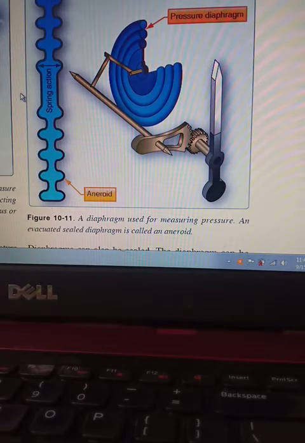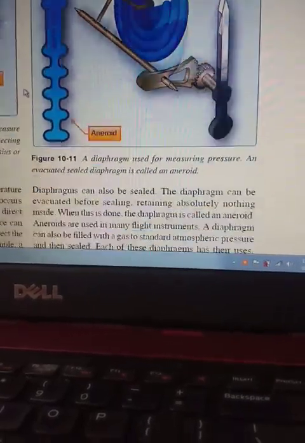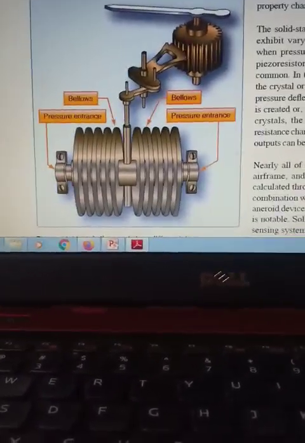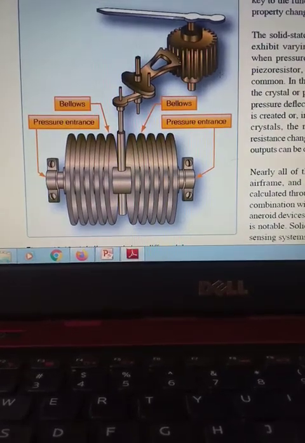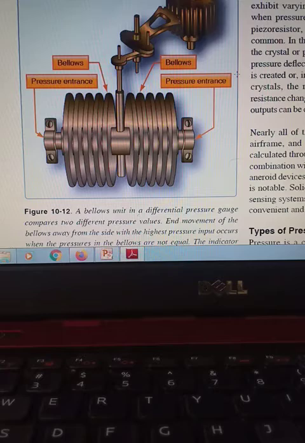Okay? So this bellows, I will give you an example of bellows. That is an example of bellows.